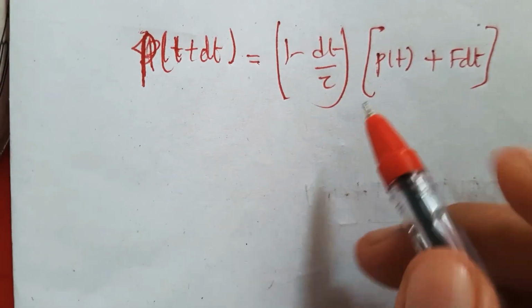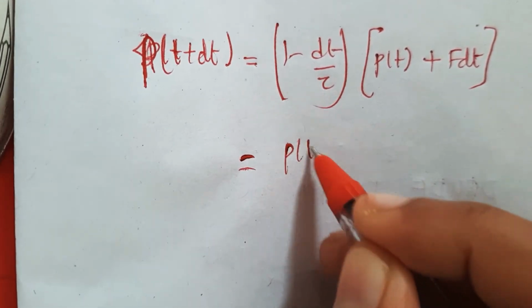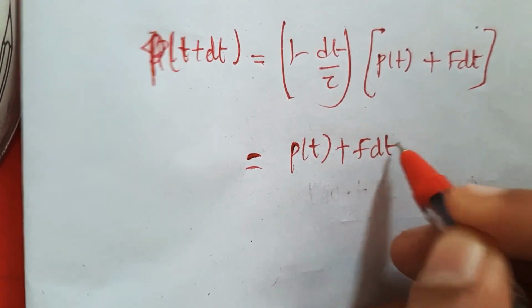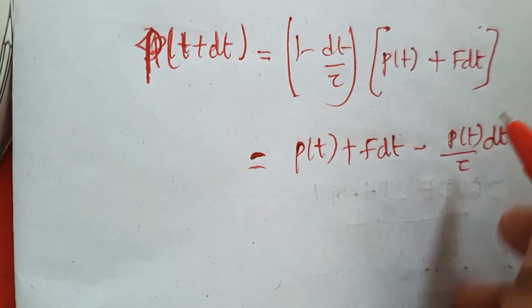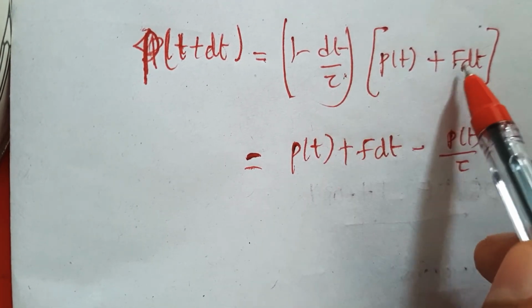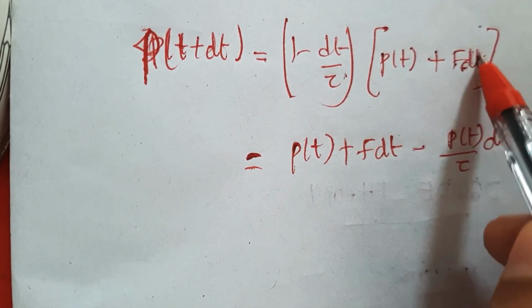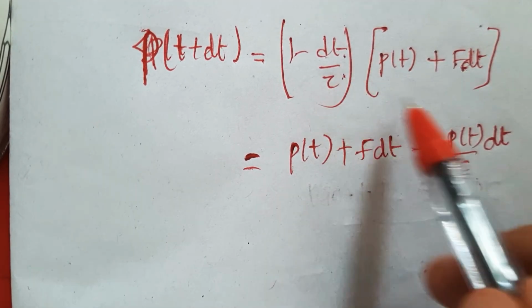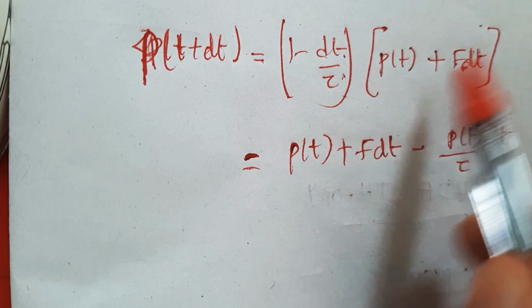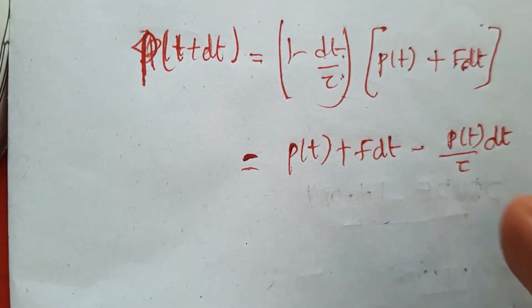Opening this bracket, we get p of t plus f dt minus p of t by tau dt. The last term gives dt the whole square, which is a higher order term, so we neglect it.